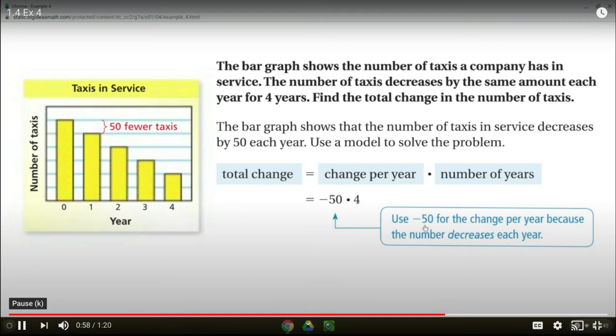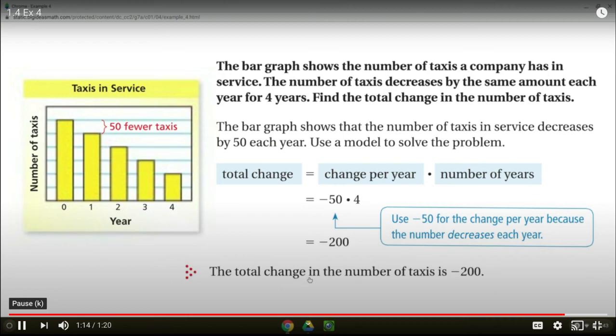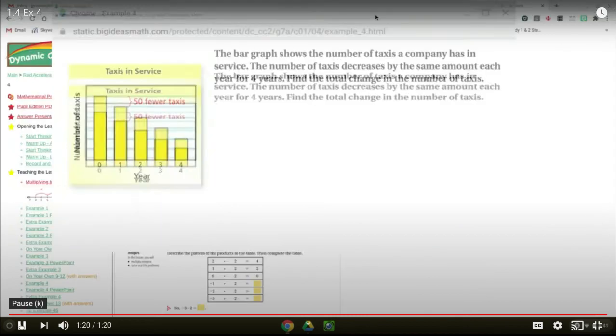And the reason it's negative 50 is because the number decreases each year. And then we apply our integer rules for multiplication, and a negative times a positive is a negative, and 50 times 4 is 200. So the answer is negative 200, which means the total change in the number of taxis is negative 200 in 4 years.